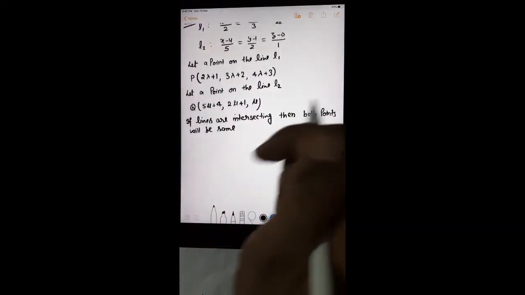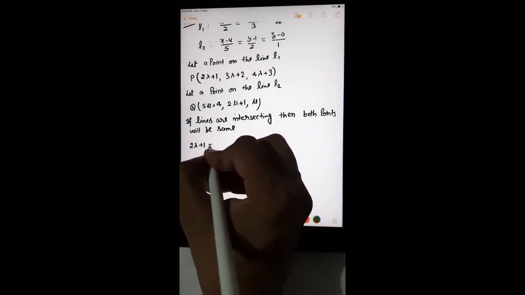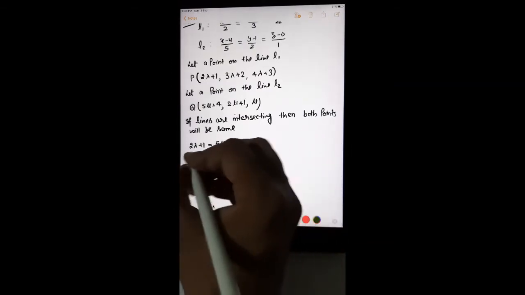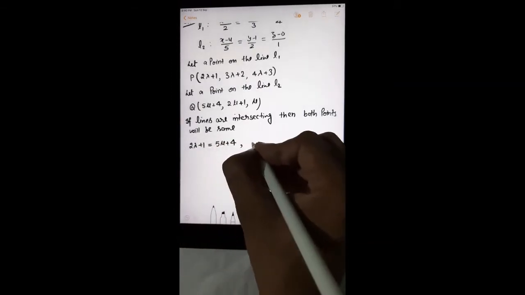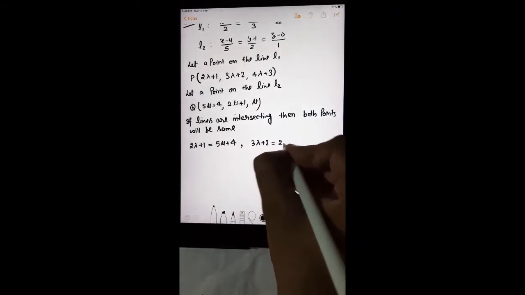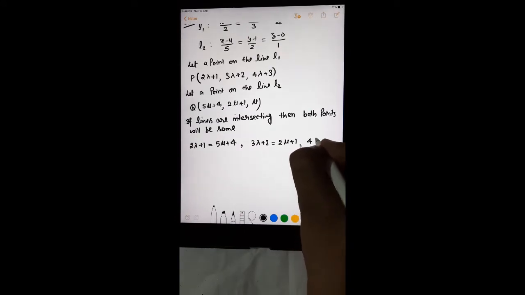In that situation, if we compare, then 2 lambda plus 1 must be equal to 5 mu plus 4. The second one is 3 lambda plus 2 equals 2 mu plus 1, and also 4 lambda plus 3 equals mu.